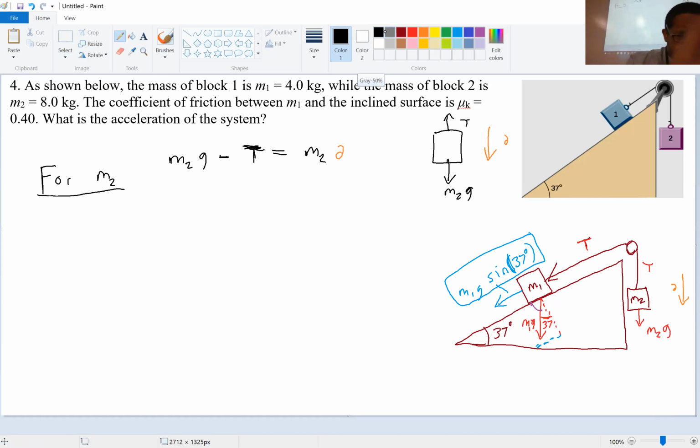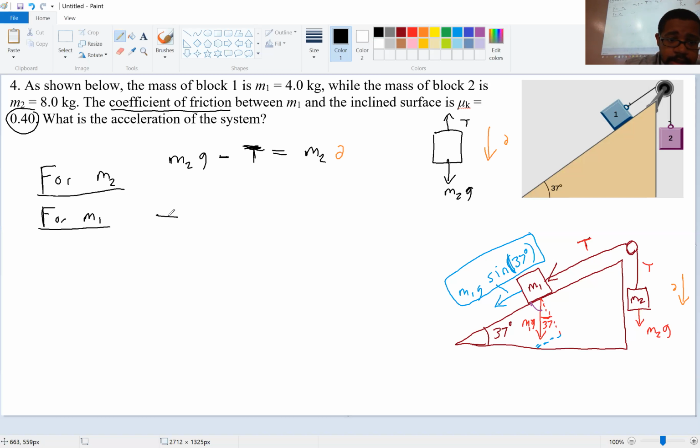Well, let me not solve yet. Put the other one. We sum all these forces, so we've got, by the way, we also have to consider friction in this case. So I have to plug this in somewhere, and only on this box, because this one's just hanging freely.